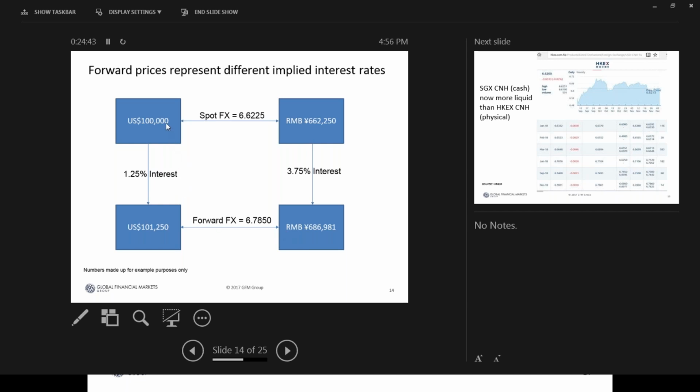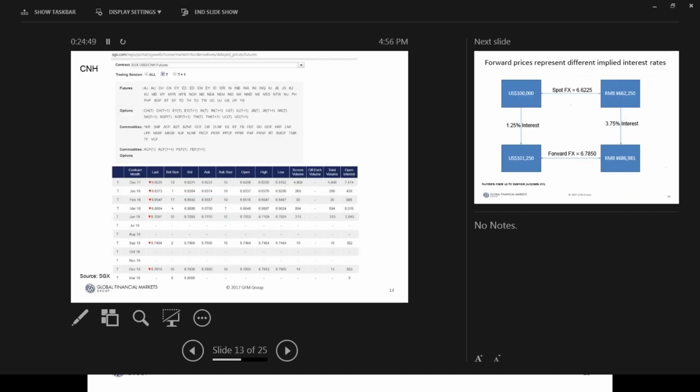Or on the other hand, I can convert my money into renminbi now, and I can earn that higher renminbi interest right now. If you go back to the previous slide, you'll see that 1 year rate, that 6.78, effectively reflects that difference in the two interest rates. We're going to have a sample later where I actually show taking a US Treasury and converting it effectively into a dim sum bond using these futures contracts.